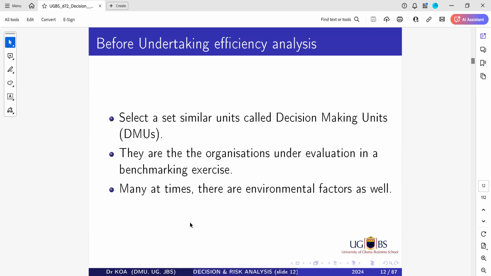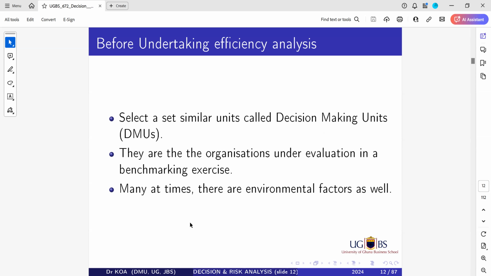But before you undertake efficiency analysis, and this is a very big topical area, you've got to select these decision-making units, these firms, these countries, these individuals, these items. I just wanted you to know that it's not just about companies. It can even be items like shipping containers. You want to identify the most efficient shipping containers from those that are not.